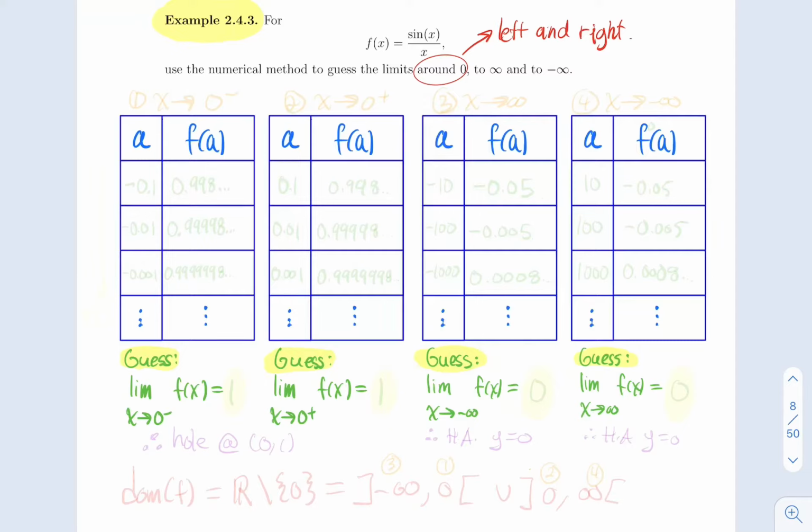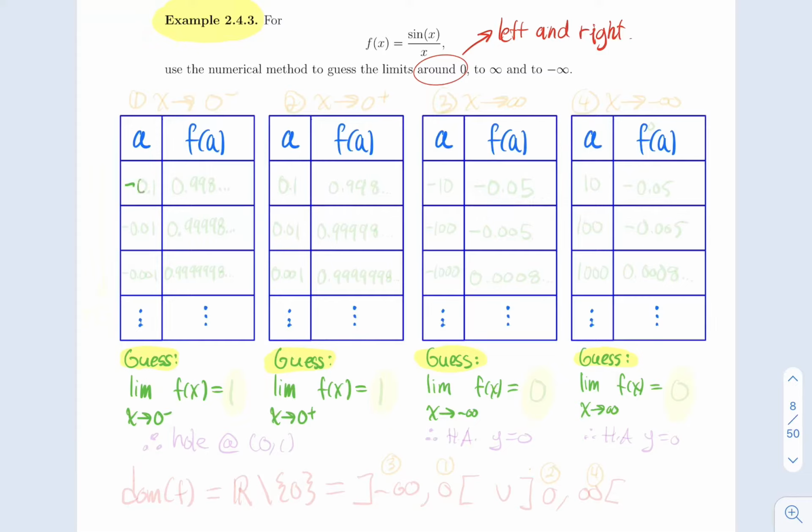So the first thing you need to be comfortable with here is creating these tables, the x column and the y column. If we are around 0 and we're doing the left first, that's my table going to 0 minus, so we need to choose inputs that are close to 0 but smaller. If I take 0 minus 0.1, minus 0.1 will be very good. Let me just change color here.